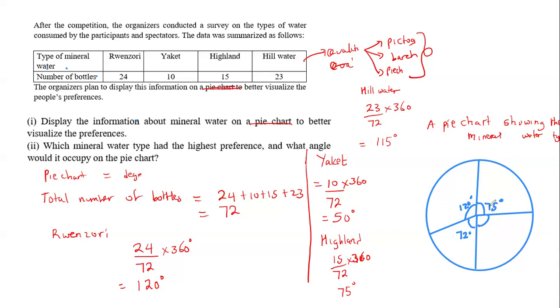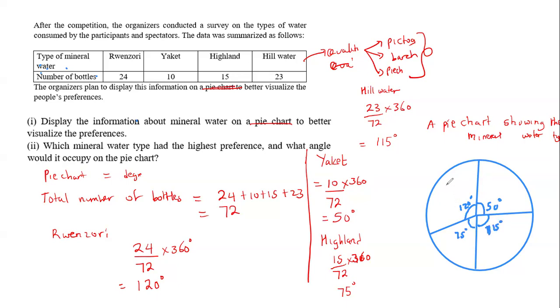Okay, we have 50. So let me call this 50 to be the smallest. So measure off very well. Sorry, we don't have even 72. Let me say this is my 50 degrees. This is the 75, and this is the 115.